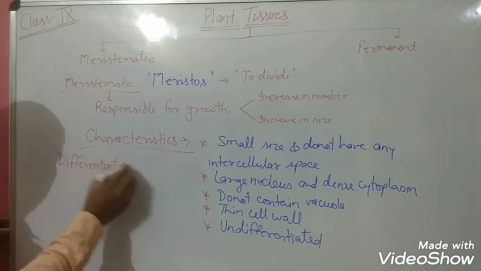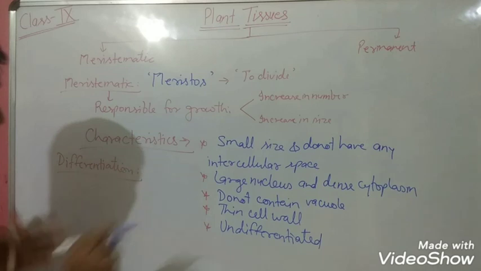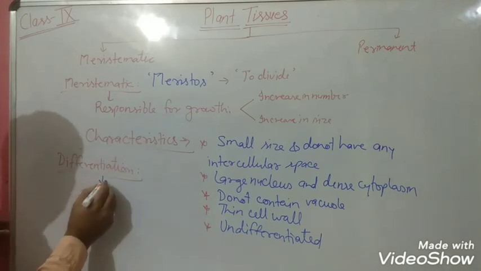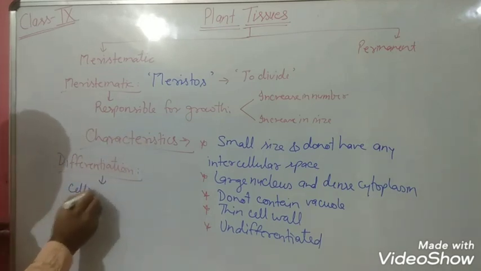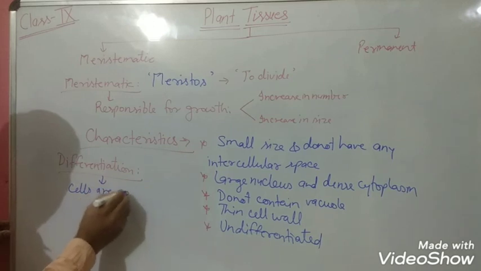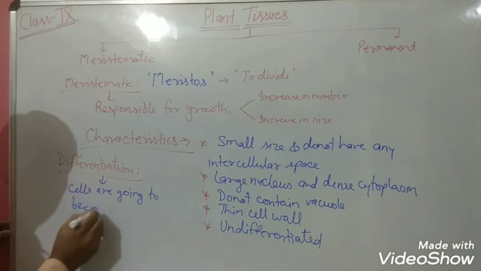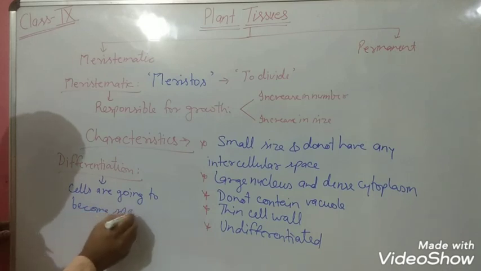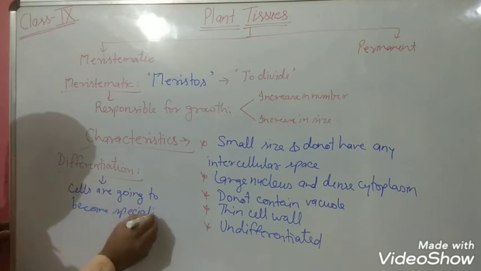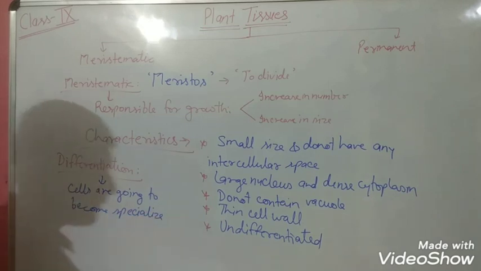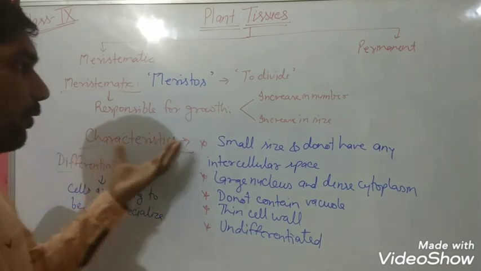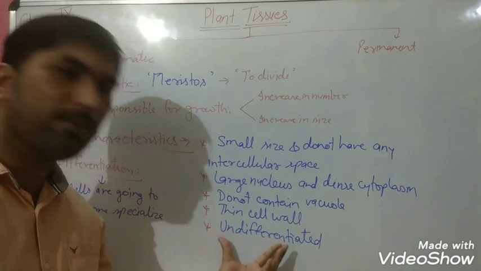Actually, differentiation is a process in which cells become specialized for any function. So they are not going to grow in size, so they are undifferentiated.